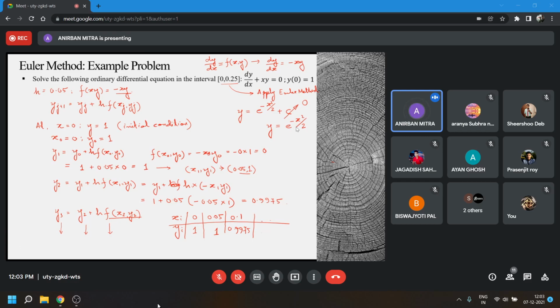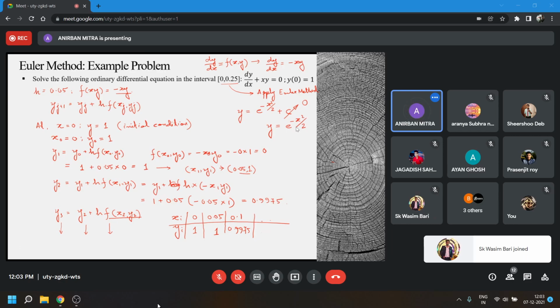There is, of course, a condition for stable solution, but we will not at the moment go into that. But errors will be there. And the error will build up as x increases. Because consider this, that we are starting with a point which already has got some error.